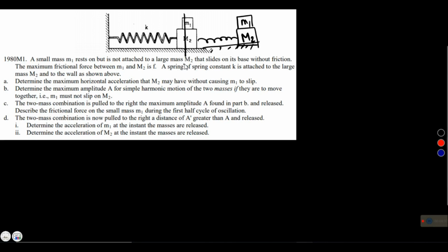This is your equilibrium position and this is your maximum displacement position, and let us suppose this maximum displacement is A. So this is that maximum displacement for which the acceleration of both the blocks will be the same. So we will do it like this. See, this is part B.